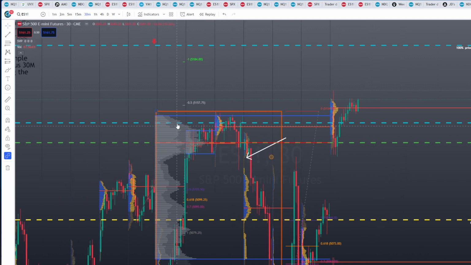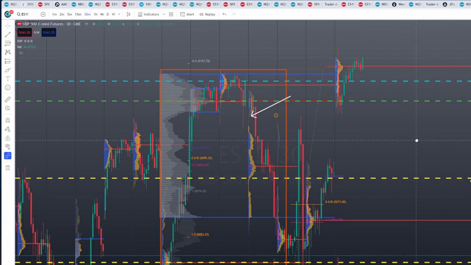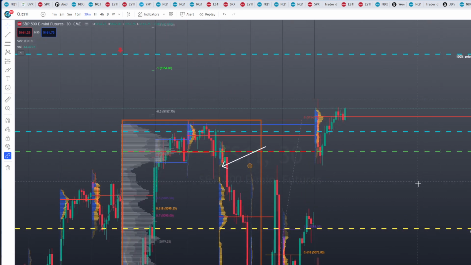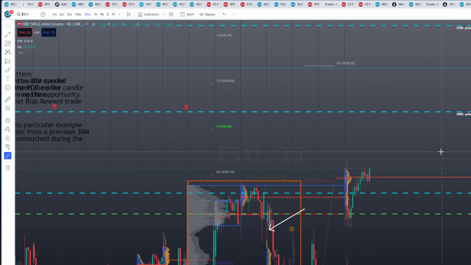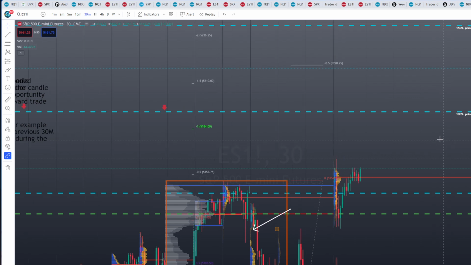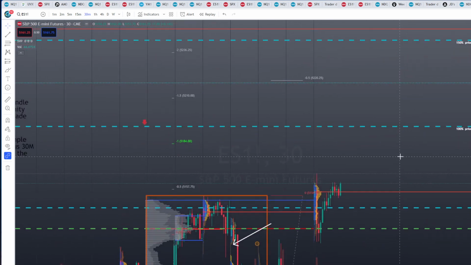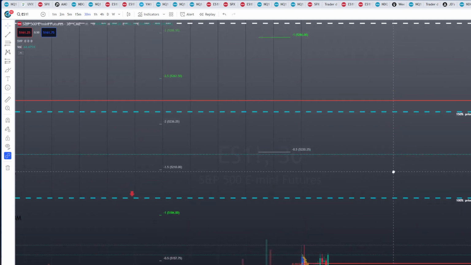So we're going to leverage the POC from the balance zone that we have here. We're going to use this as our pivot. Number one, not going to change much here, to be honest with you, because I really don't need to. 93.